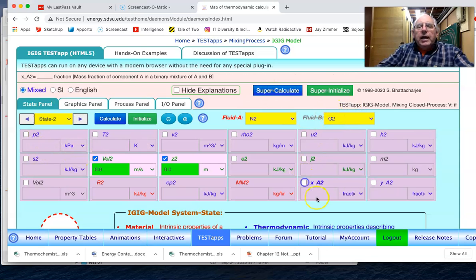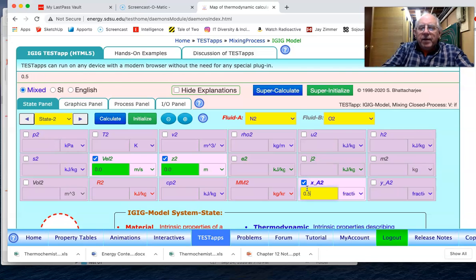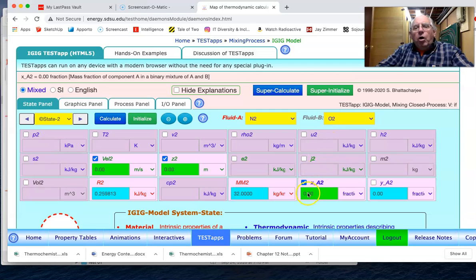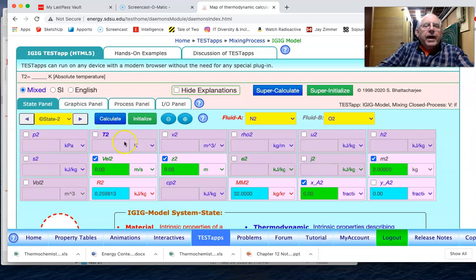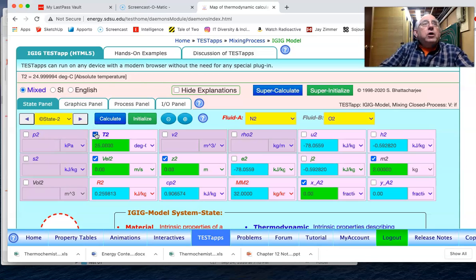Okay, so now we're ready to go to the second tank, and the second tank is oxygen, and in our binary mixture, that means that there is no A, but it's all B. We know that the oxygen on that particular side is 2 kilograms. We also know that the temperature is given as 25 degrees, the same as what we saw before.